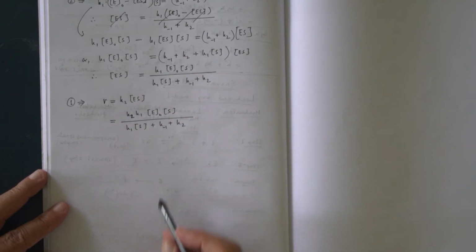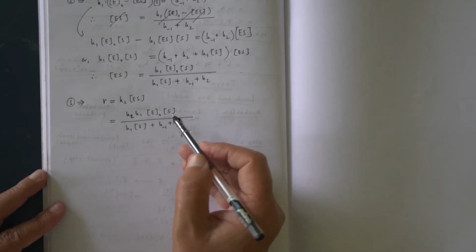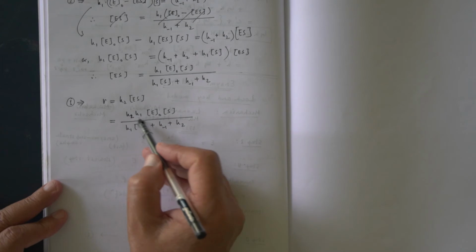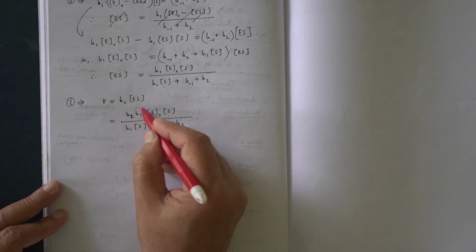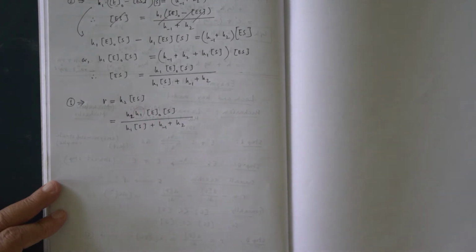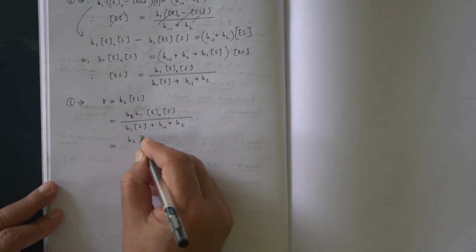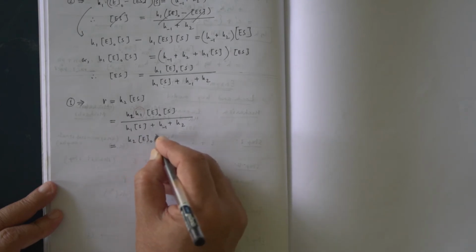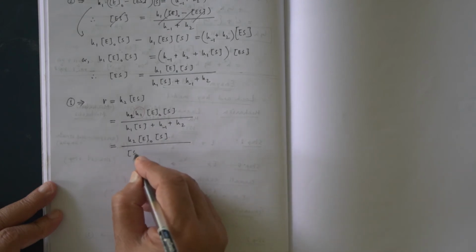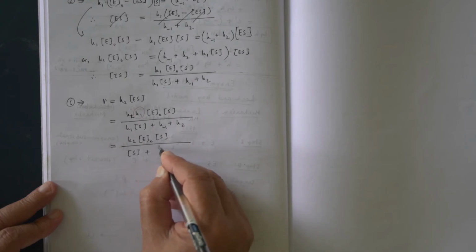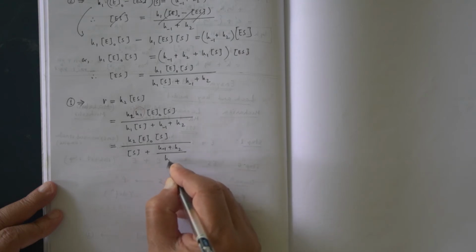Now we can divide numerator and denominator by k1. So if we divide, we get k2 E naught S divided by S plus (k minus 1 plus k2) divided by k1.